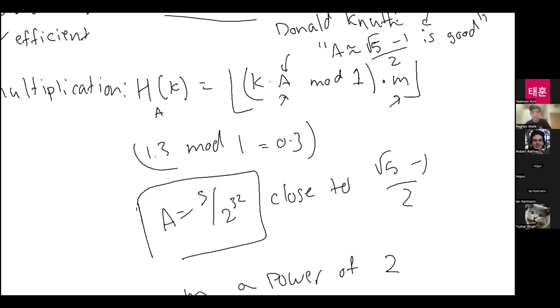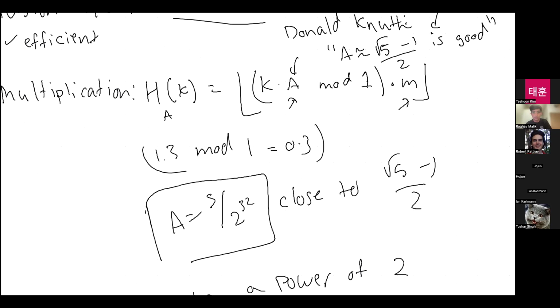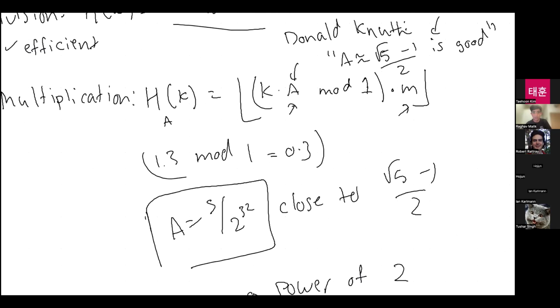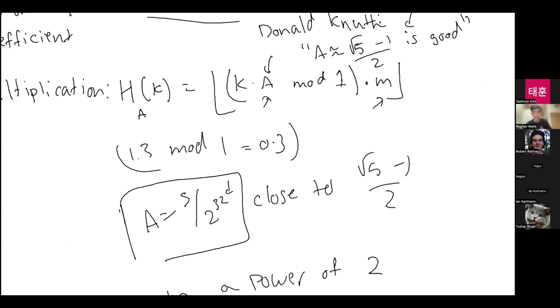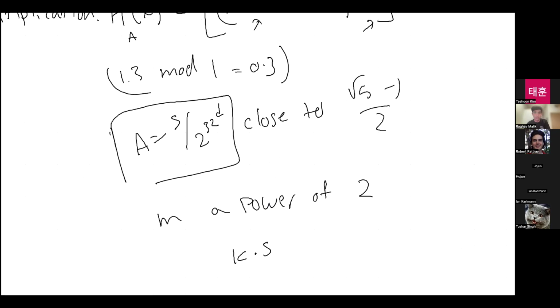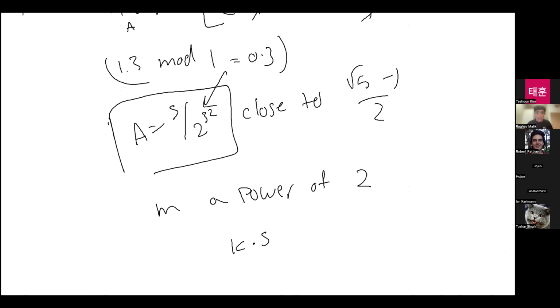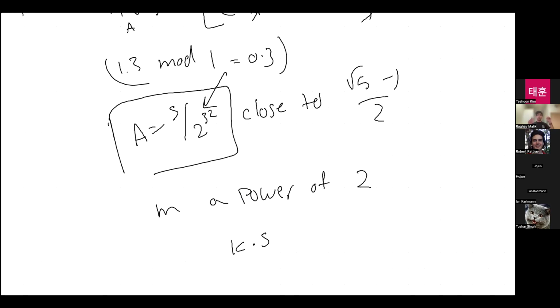So this part means that if all I care about is the fractional part, I can just do k times s. This is going to be something over 2 to the 32, so some sequence of 32-bit words. If m is a power of 2, then I can just chop off everything that's above whatever power of 2 that is, and I can just look at the bottom few bits.